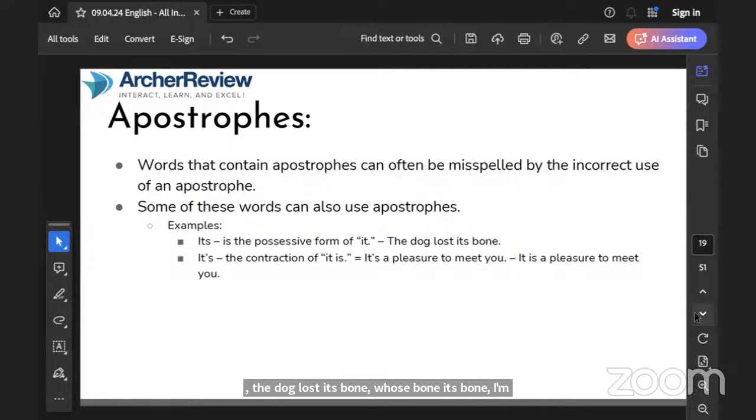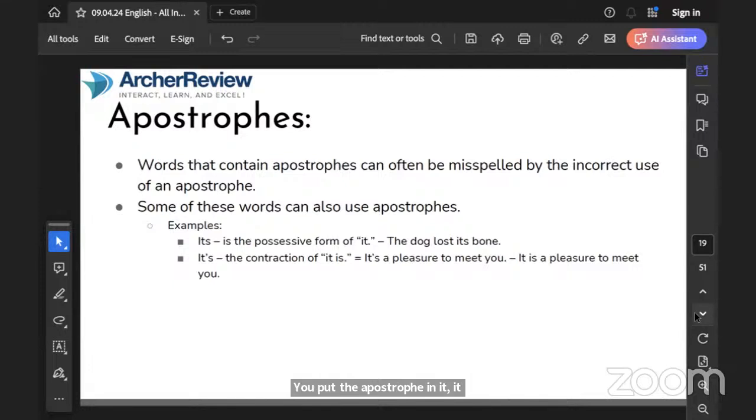Typically you would say apostrophe S to show possession. However, the pronoun it is an exception in itself, and you don't actually add the apostrophe, because that's just how they deemed it, that you wouldn't spell the possessive form of it that way. If you put the apostrophe in, it apostrophe S, that actually changes the whole meaning.